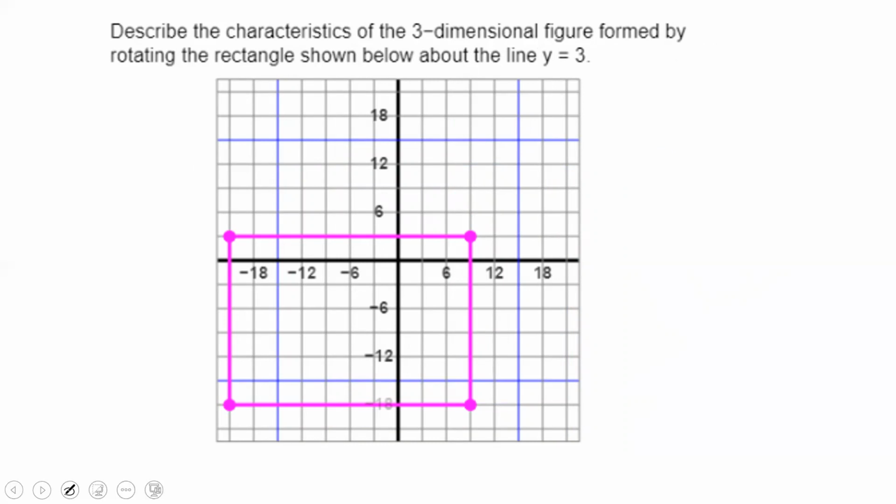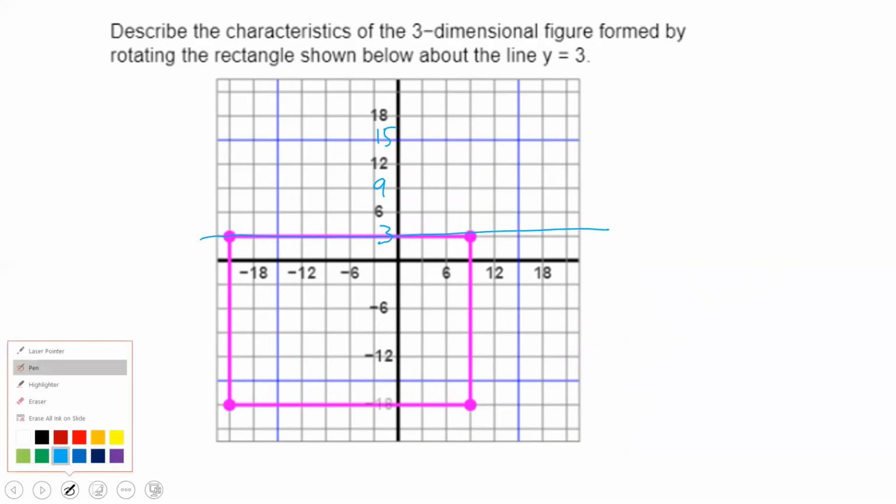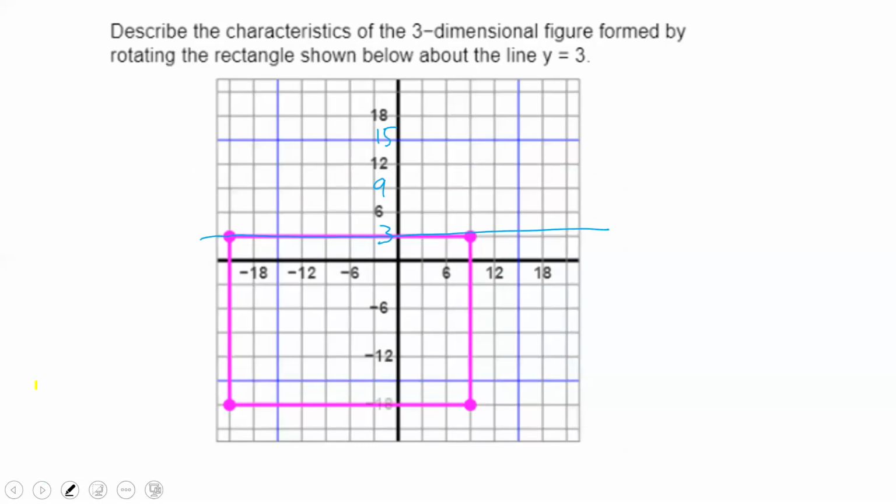Describe the characteristics of a three-dimensional figure formed by rotating the rectangle below around y equals 3. Okay, so again, our y-axis is in threes, so 3, 6, 9, 12, 15, and so forth. So here's my line y equals 3. Now I'm going to be taking this shape, and again, I'm going to be rotating it around that center of rotation.